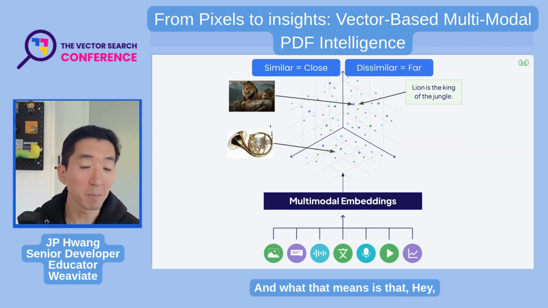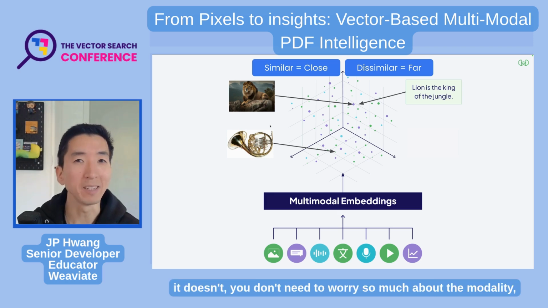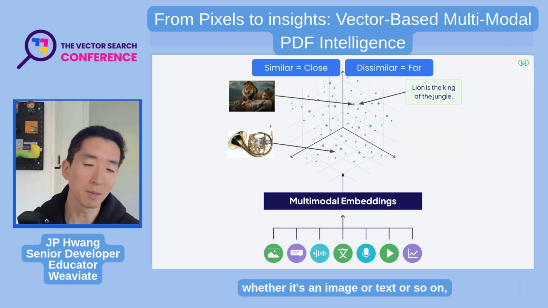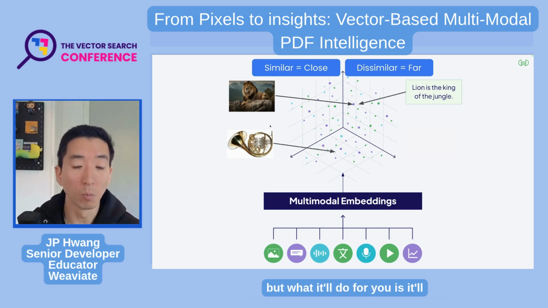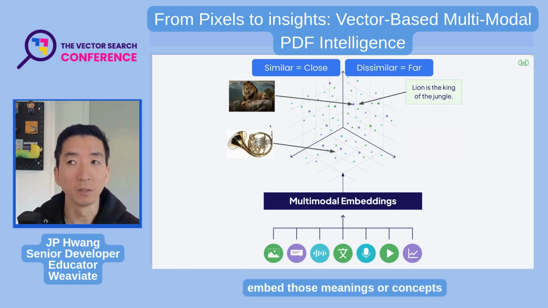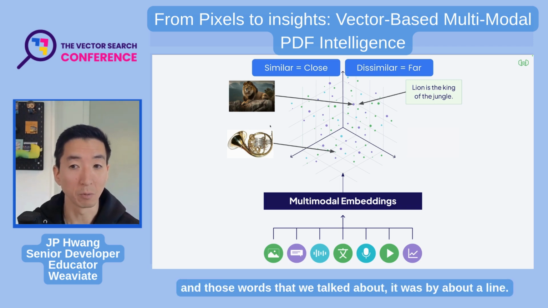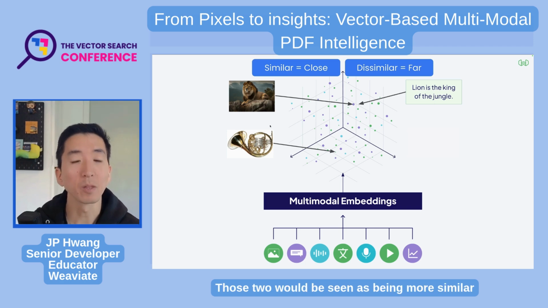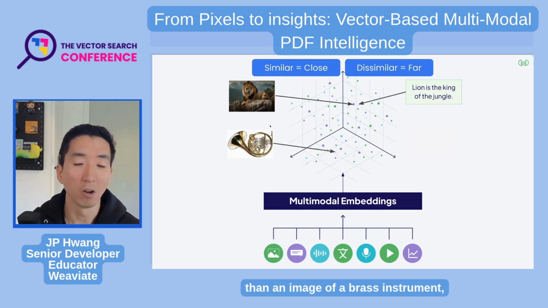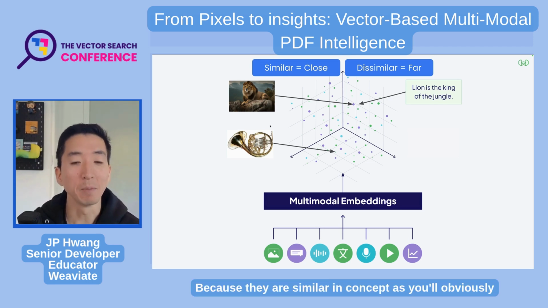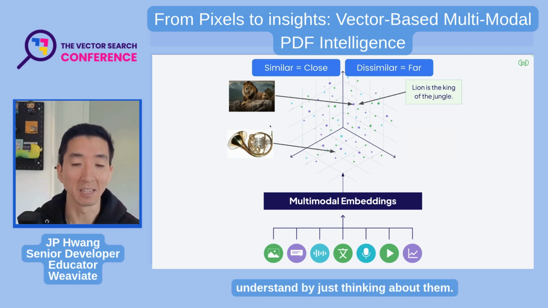And what that means is that you don't need to worry so much about the modality, whether it's an image or text or so on, but what it'll do for you is embed those meanings or concepts based on how similar they are. So even if you have an image of a lion and those words that we talked about a lion, those two would be seen as being more similar than an image of a brass instrument, because they are similar in concept, as you'll obviously understand by just thinking about them.